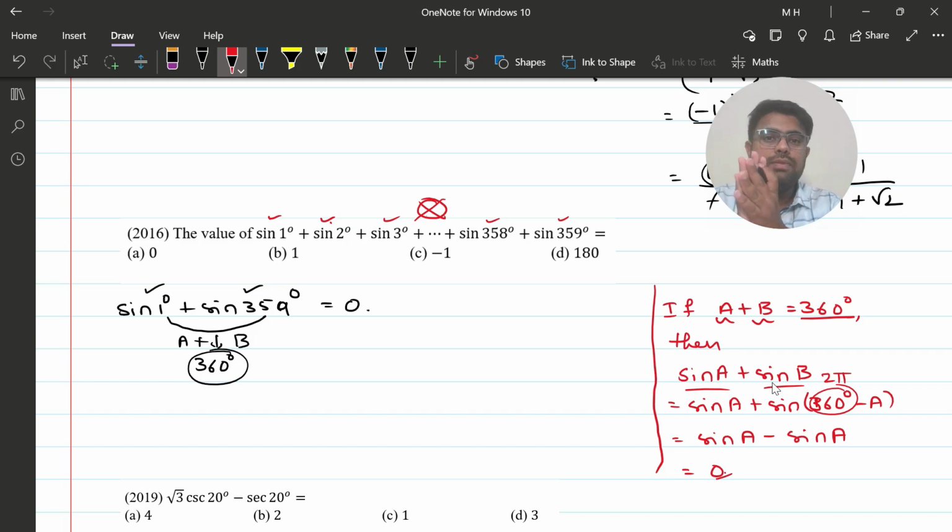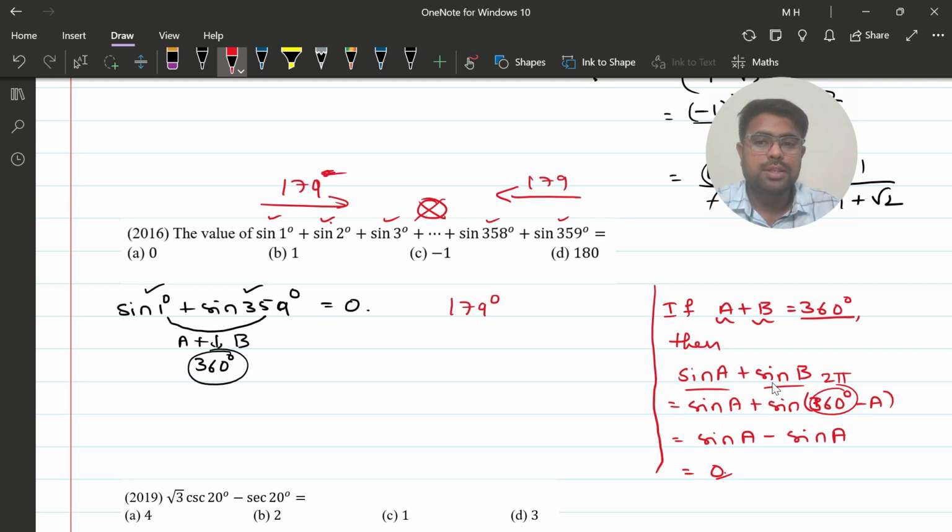So out of these 358 terms, if you take exactly half, there are 179 terms towards this side and 179 terms towards this side, which are getting cancelled. So after the 179th term, which is the next term? First term is sine 1, second term is sine 2, third term is sine 3.